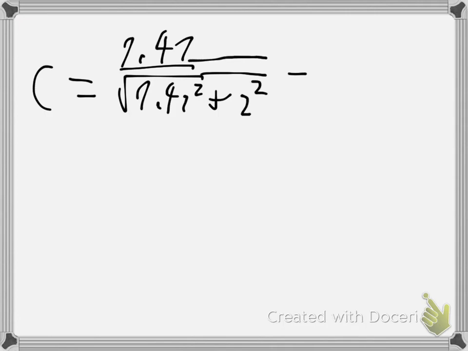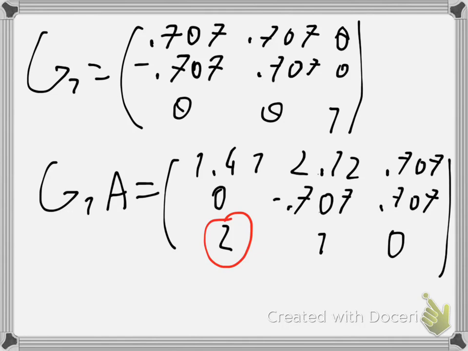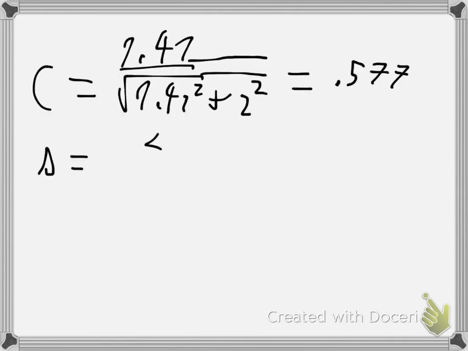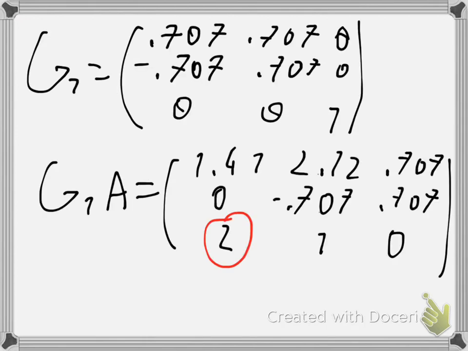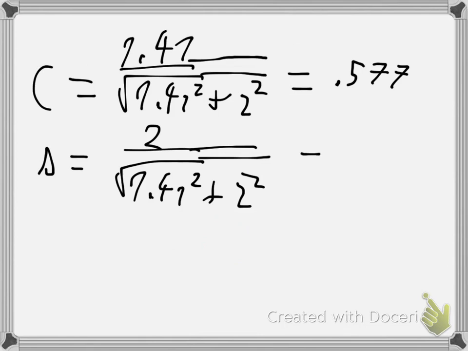Okay, and this will give us roughly 0.577, and our sine is equal to the element we want to eliminate, so 2 over square root of 1.41 squared plus 2 squared. Okay, so 1.41 squared, the top element of the vector. Okay, which will give us about 0.816.